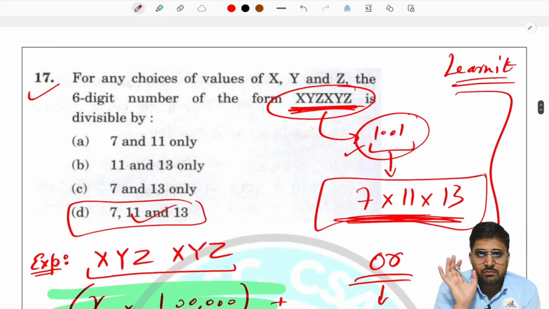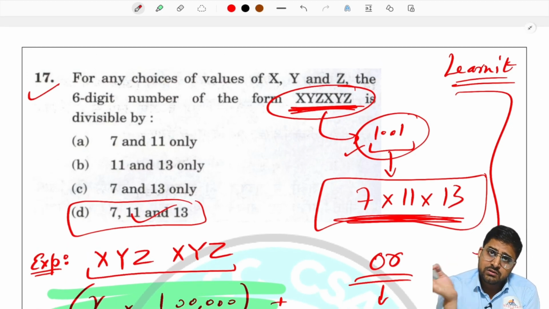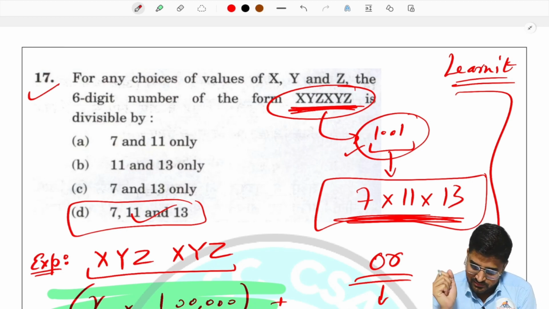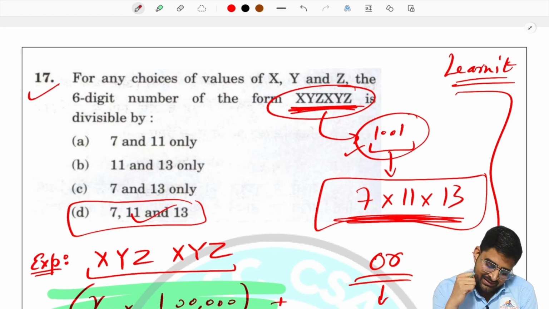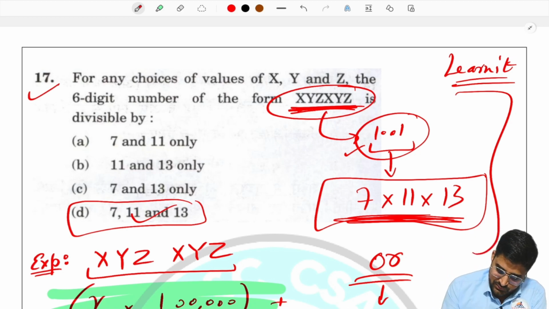Same question, same year. I think the paper setter has command in number system only and in a few topics only. So no issues, we have to solve. Same type of questions are there.